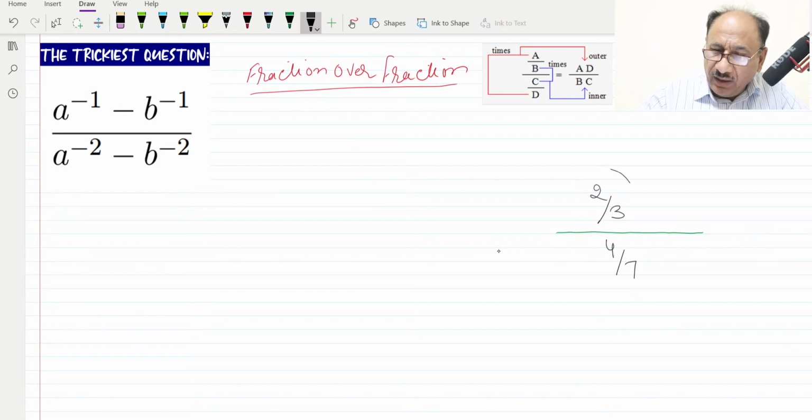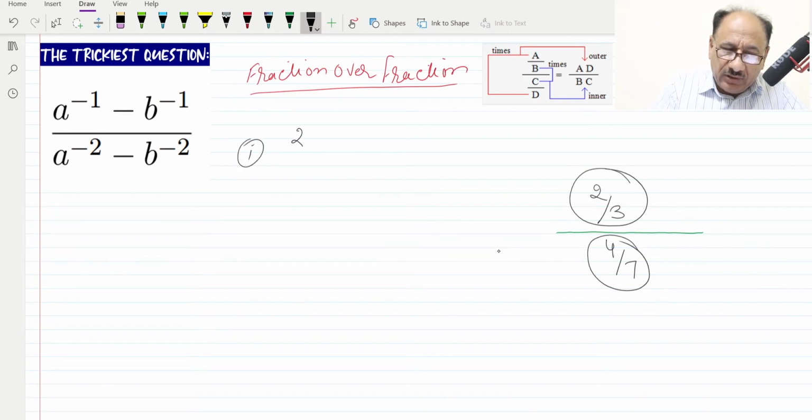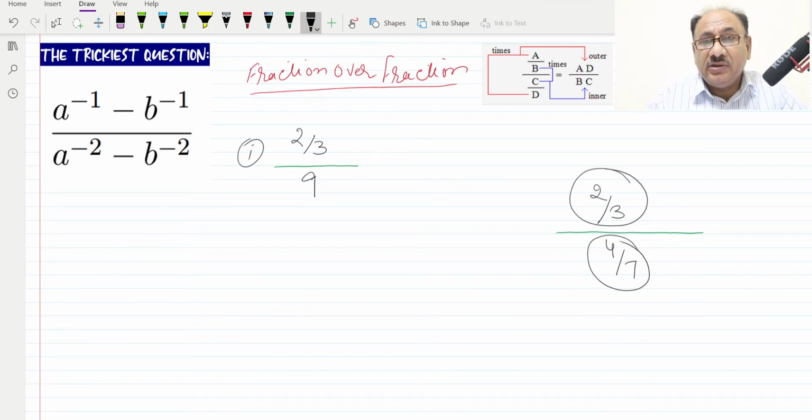So we have a fraction in the numerator and a fraction in the denominator as well. First I will explain the situation where we have, for example, 2 over 3 as the numerator of the main fraction and the denominator is just, for example, 9. So there is no fraction in the denominator.